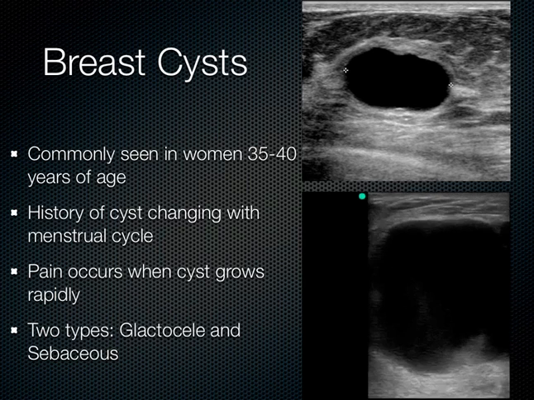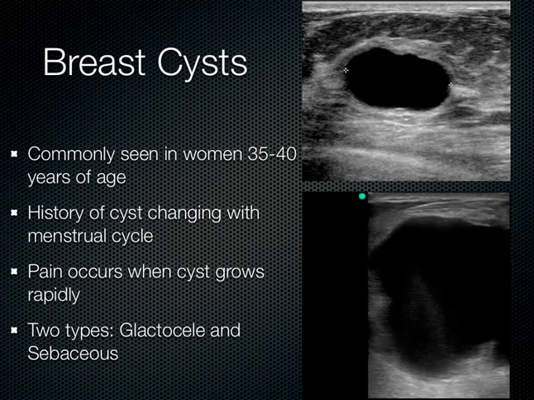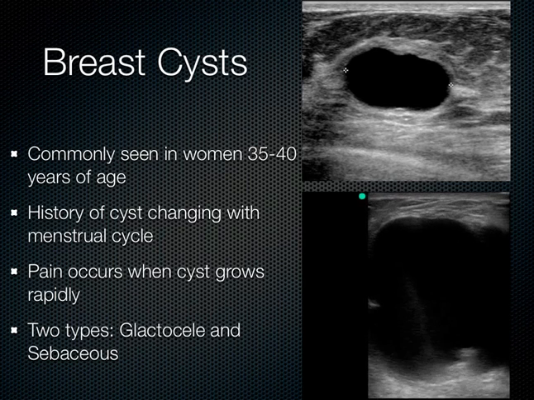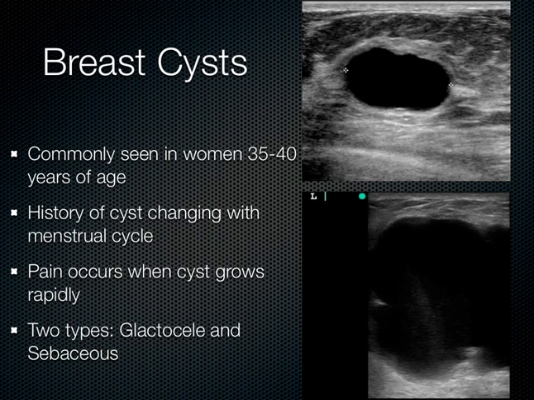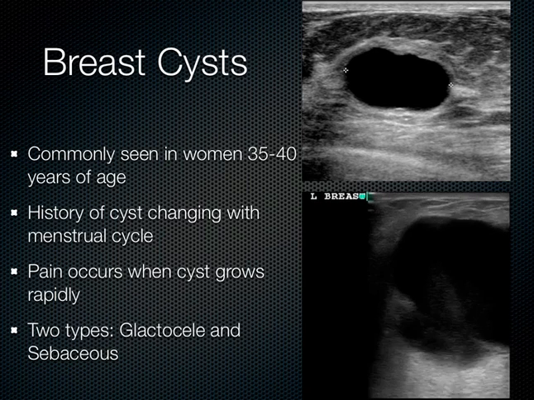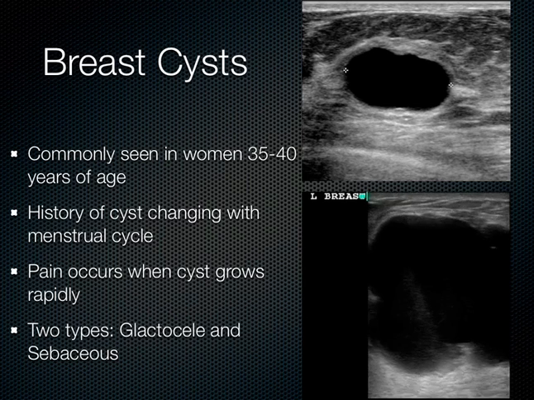And cysts are very common, usually in women 35 to 40 years of age, and the cyst usually changes with the menstrual cycle, and sometimes it can be painful if it grows rapidly in size. There are two types of cysts, sebaceous cysts and galactoceles.